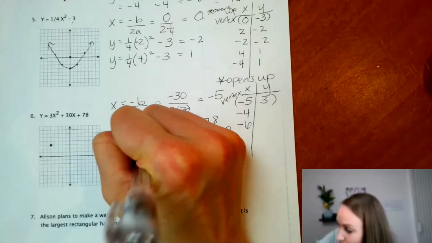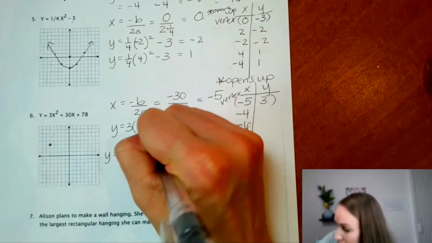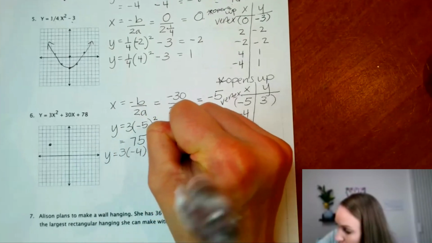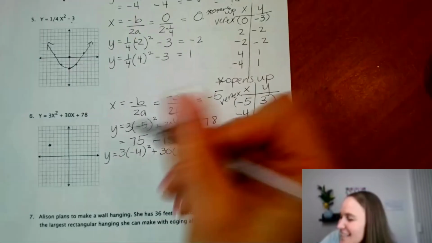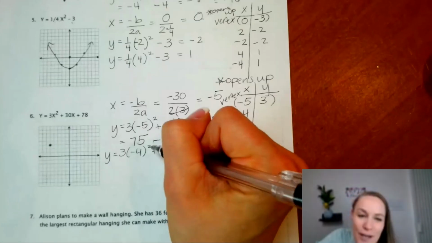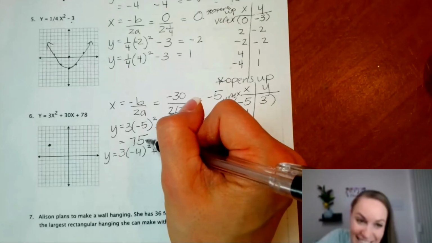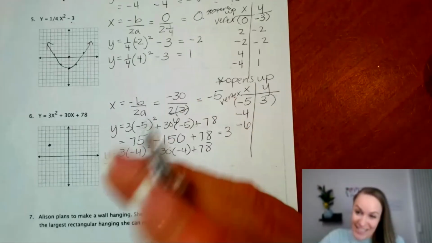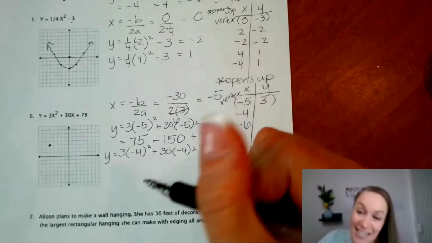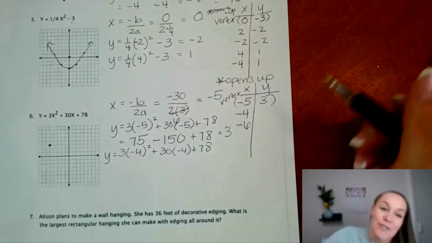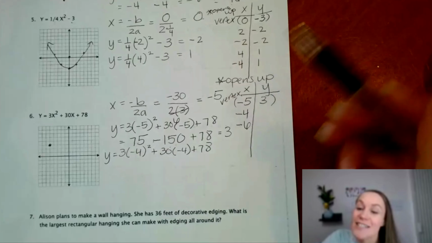So y equals 3 times -4 squared plus 30 times -4 plus 78. Okay, so -4 squared is 16. Now, I don't have all my 16 times tables memorized, so I'm just going to take this really slow. So I have positive 16 times 3.